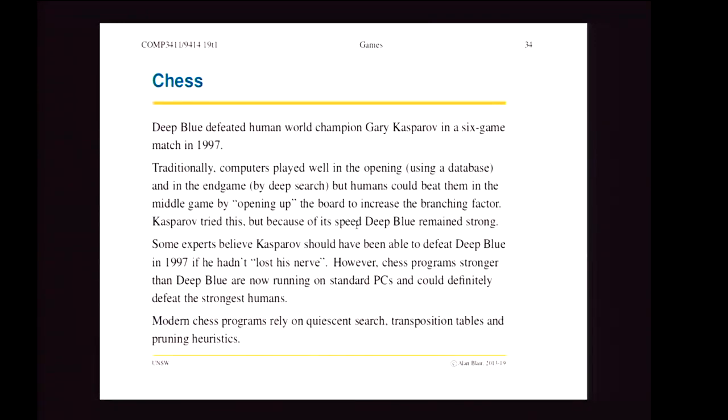Well, let me just say a little bit more. With chess, there's this thing called quiescent search. Let's say you get to a particular node and you're thinking about material. I've got a queen that's giving me 9 points, but maybe I'm in a position where that queen is about to be captured, so it's actually not very good.